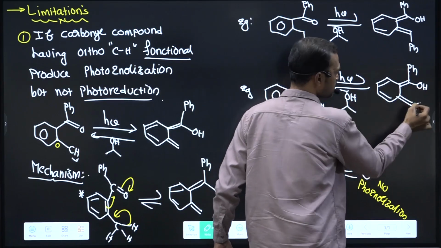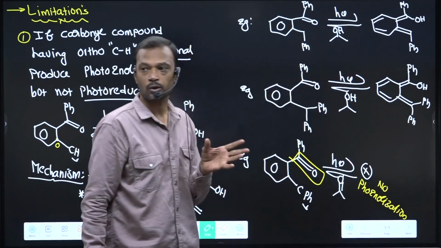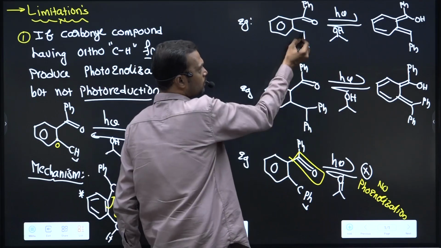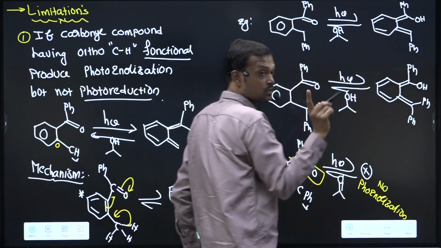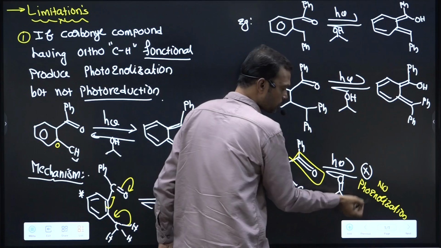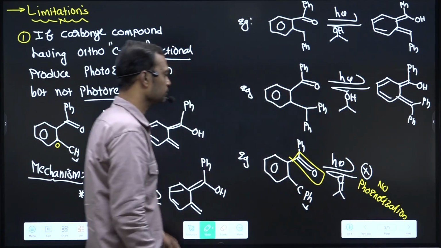Here how many phenyls are present? Two phenyls. So this is the answer. Don't write the reduction product. When ortho substitution is present, this particular carbon with minimum one hydrogen will give enolization. From there onwards, a Diels-Alder question is expected. Normally you will think about photoreduction, but photoreduction is possible only when enolization is not possible. Okay, right.